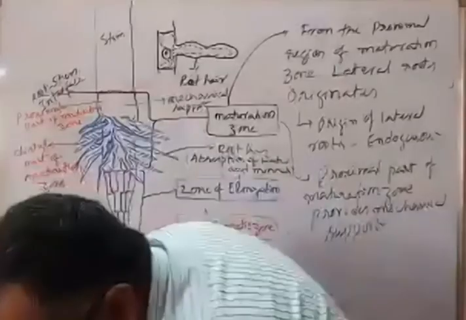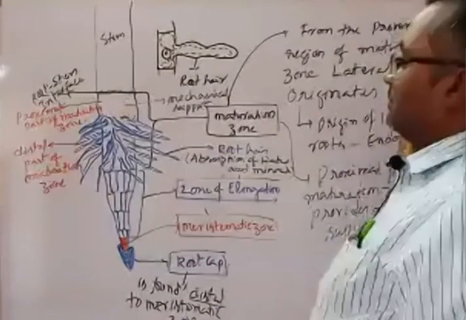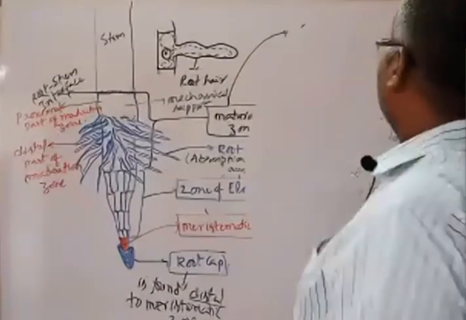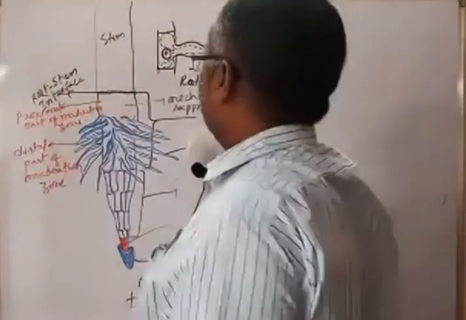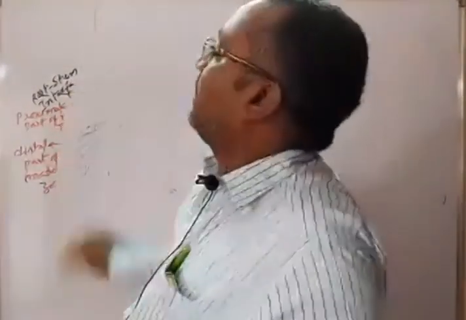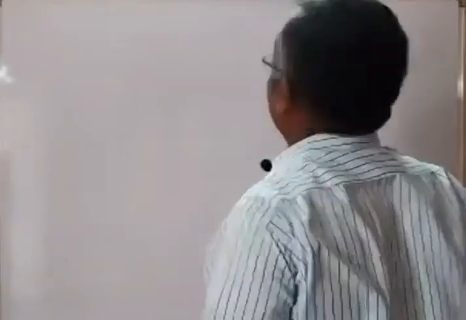I have a small question. Let me see how many of you can answer. Tell me which regions of root are meant for absorption of water and minerals. Zone of maturation, I'm getting only zone of maturation.